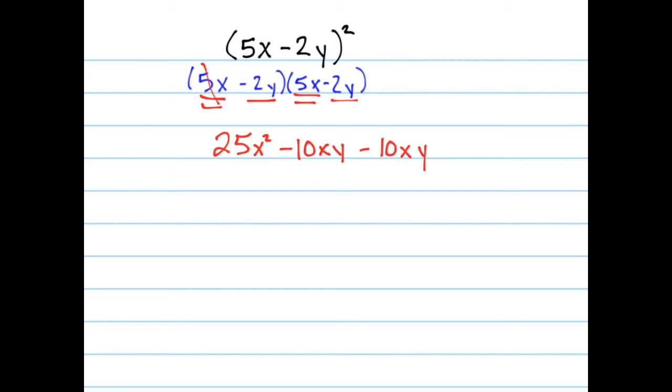And then we multiply our last. Negative 2y times negative 2y. 4y squared. So what do I get when I add my like terms? Negative 20xy.